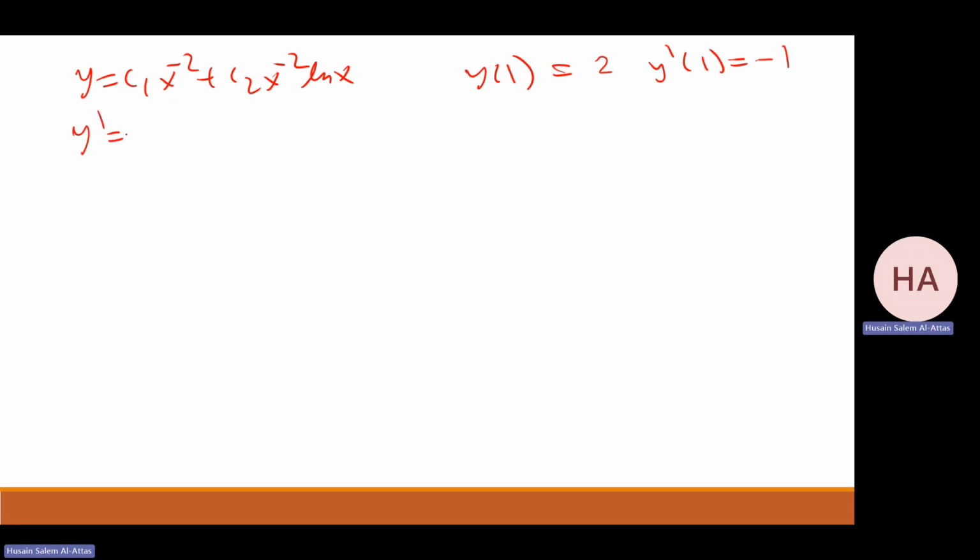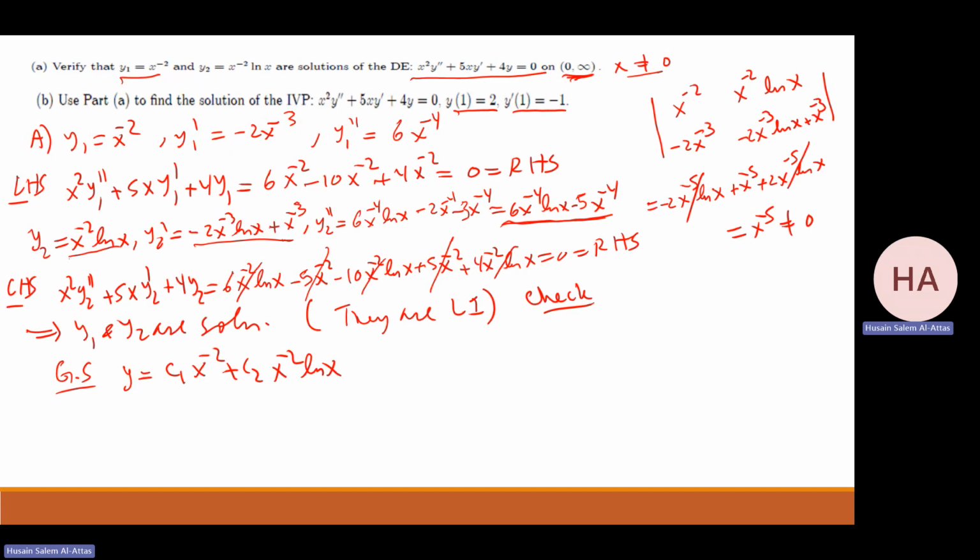I need y prime, which is minus 2 C1 x to the minus 3 plus C2 times minus 2x to the minus 3 ln x, plus x to the minus 3. Good.